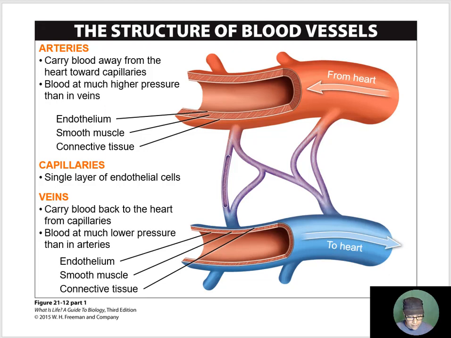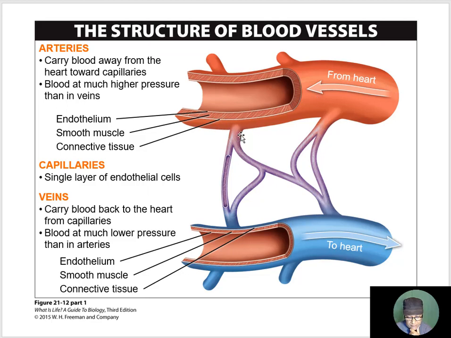Here we've got the arteries carrying the blood away from the heart, right, towards capillaries. Blood at a much higher pressure than in the veins because it's going away from the heart. And so when we look at the architecture of the arteries, we've got the endothelium, then we have this layer of smooth muscle, and then we have the connective tissue on the outside.